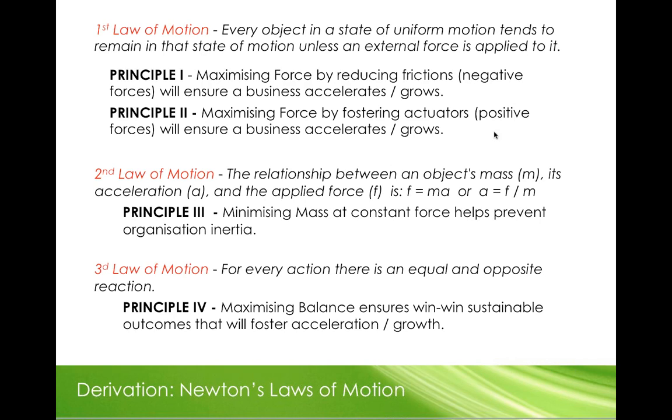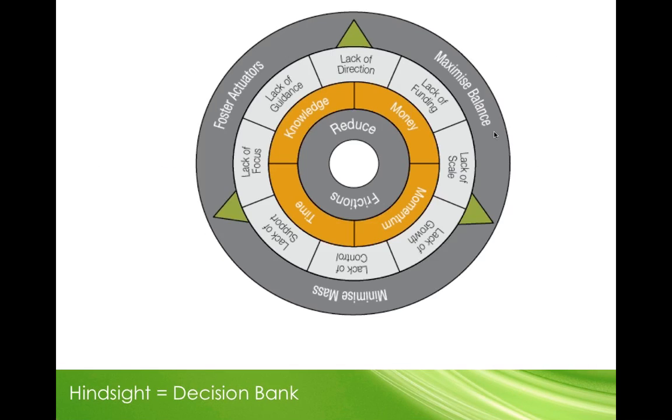So it's definitely not required for you to understand the derivation of the perpetual growth principles, but for some people they're right into the details. That's why I include that for them. So what are they? So in the grey there, you'll see the 4 principles. Right in the middle is reducing frictions.